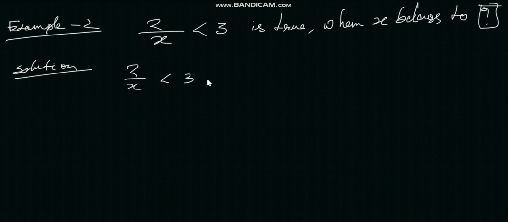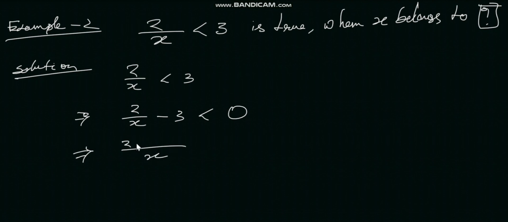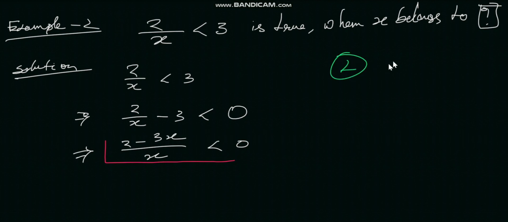That is not done in an inequality. You need to take this 3 to the other side, so the next line will be 2 by x minus 3 less than 0. And let's take the LCM here. It will be (2 minus 3x) by x. So as you can see, now it's in a linear form. So the first step is to take it into a linear form, where the right hand side will be 0.